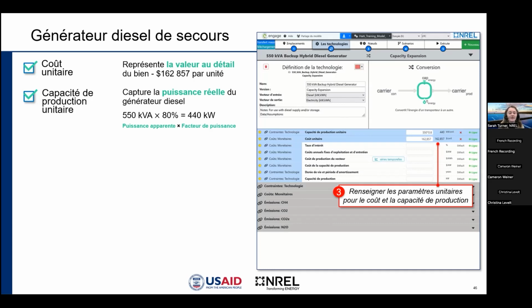Notice that we are populating the unit parameters instead of the cost of production capacity parameter or the maximum production capacity parameter, because we are configuring our technology according to the unit capacity expansion method and not the linear.